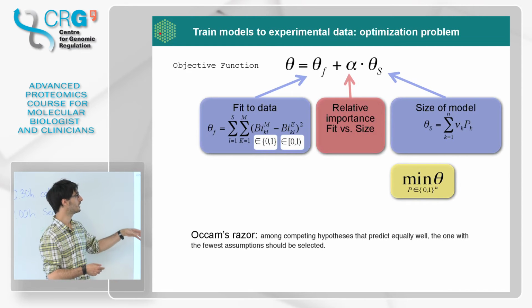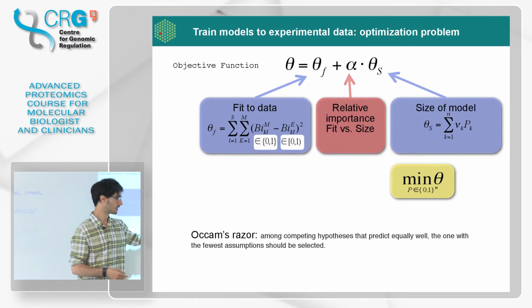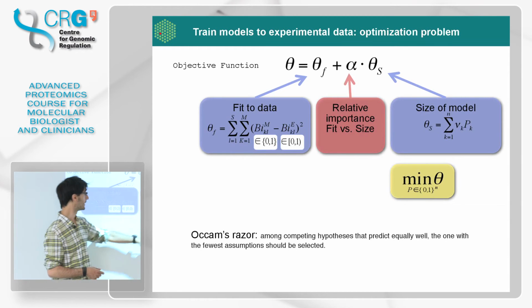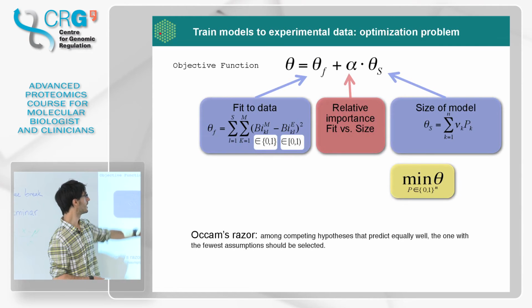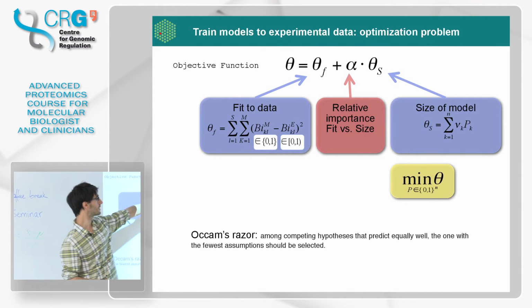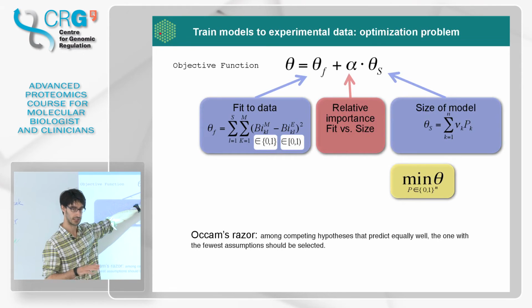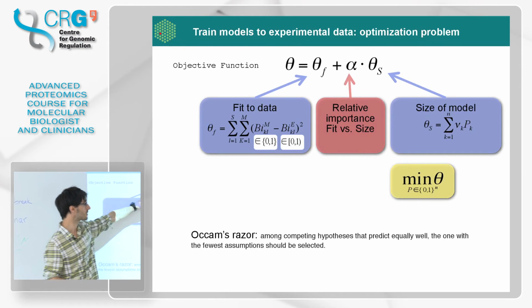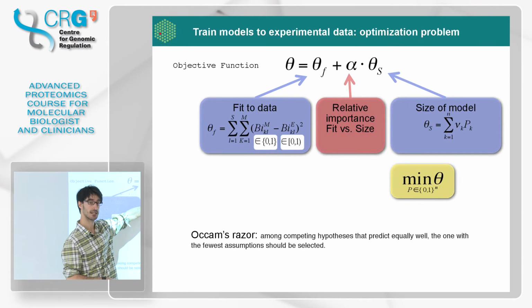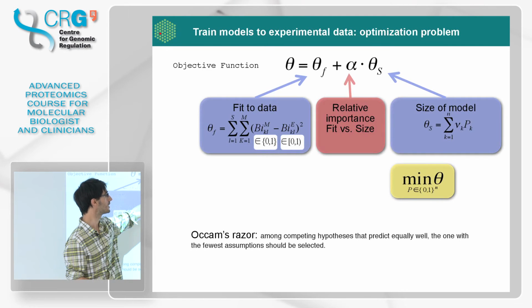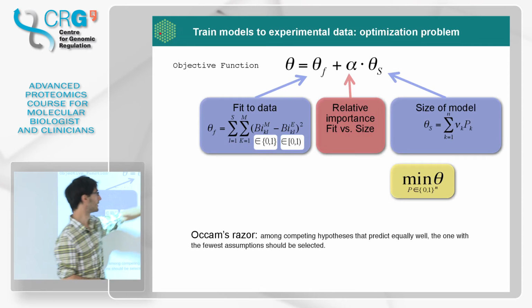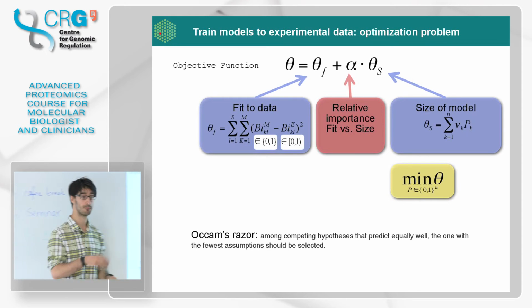So it's actually a minimization problem. What we want to do then is find the lowest value. When we calculate the difference between the data and the simulations, we also penalize the size of the network, which is given by a relative value here and a parameter that will be computed from the network.